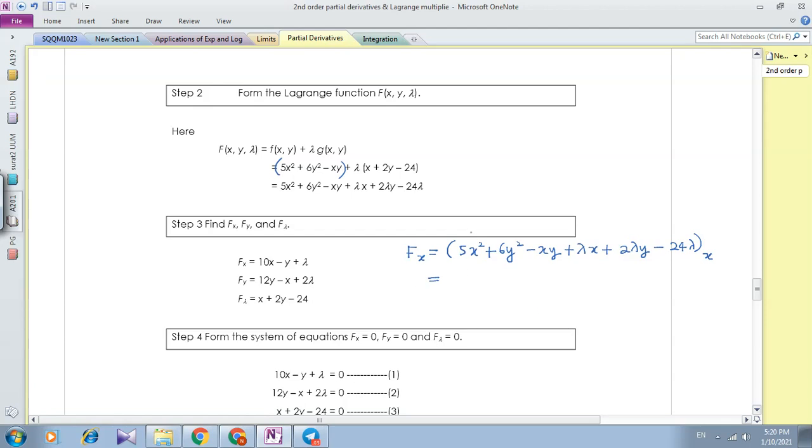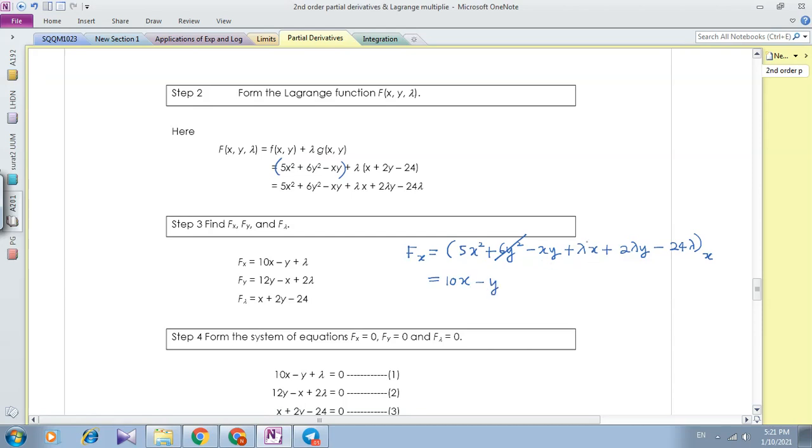So we can find the partial derivative of this to get 10x. The whole thing here will become constant, so this is 0, and then we can find the partial derivative of this to get negative y.